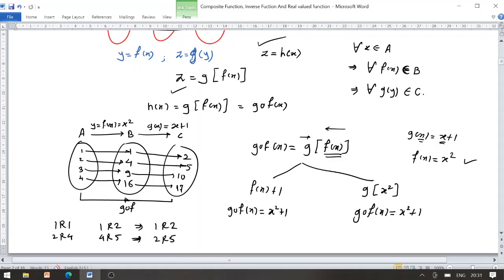You might consider here, if we are finding the value of g composition f of, let us consider, 2.